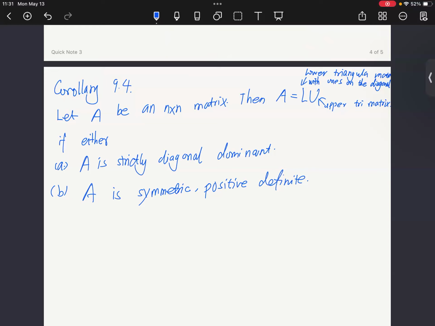So there are some transitions between the theorem 9.1 and this corollary. This is something we covered in the previous chapter, but it's not in the Math 104B or 104A class, but I'm going to mention it here. From the theorem 9.1 to the corollary 9.4, actually we use the following theorems.